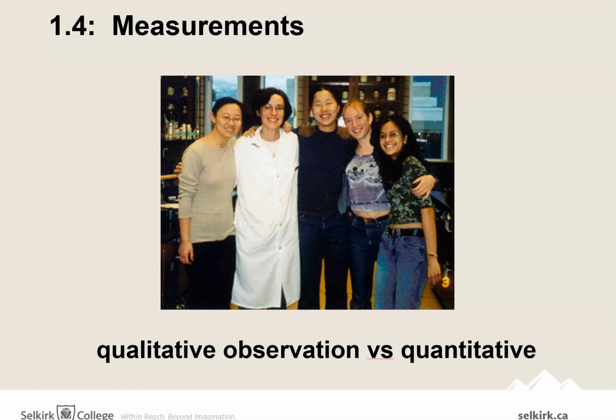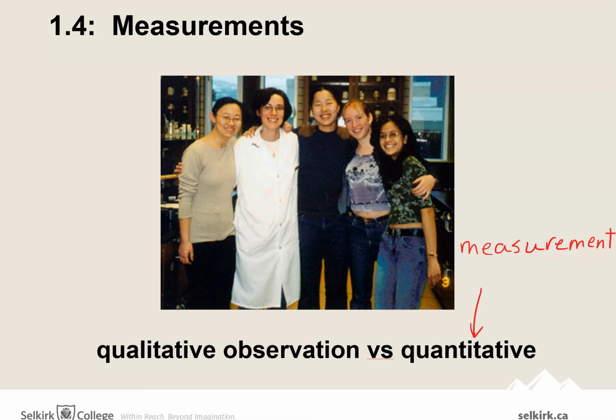The first thing I want to do is distinguish between qualitative observations and quantitative observations. And I'm going to illustrate that by applying it to the picture that I have here. This is me when I was younger, along with some of our lovely students. And I can make a quantitative observation, or in other words, I could make a measurement by saying I'm 5'8".